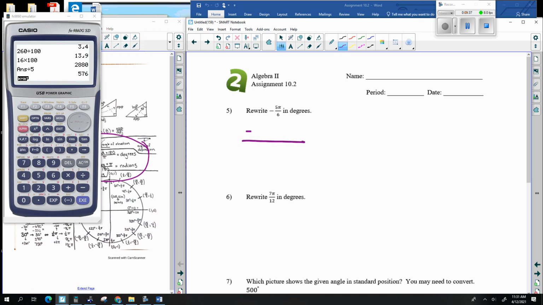All right, so right now we have negative 5 pi over 6. So into degrees, we're going to have to multiply by 180. Again, the pi's are going to cancel out.